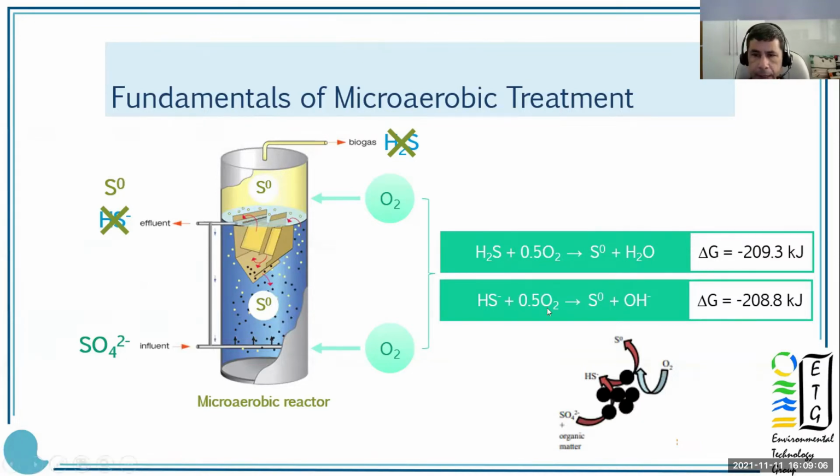Depending on whether we consider the H2S form or the dissolved sulfide form, we have a small difference in terms of the delta G, but nonetheless, both are very negative values, and therefore very spontaneous reactions.